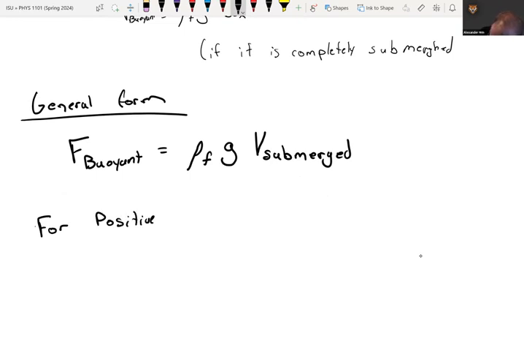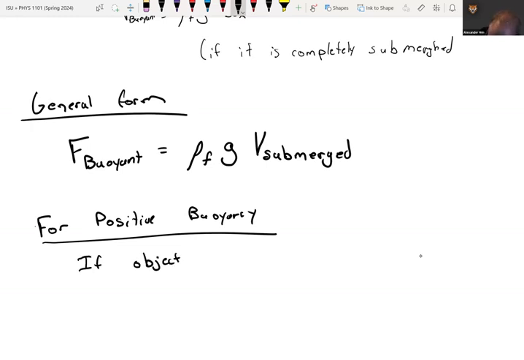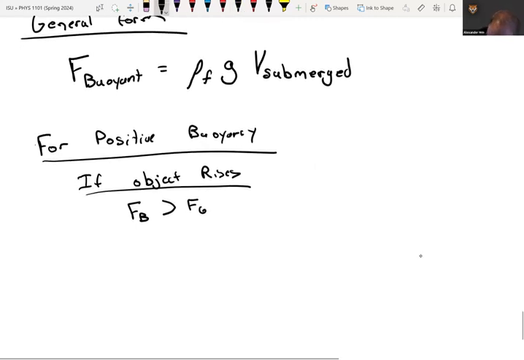So for positive buoyancy, the idea is if the object rises, then F sub B, for buoyant force, is greater than the force of gravity, which basically means that rho F G, and in this case it's the entire volume of the object if the object is rising, is greater than mg.